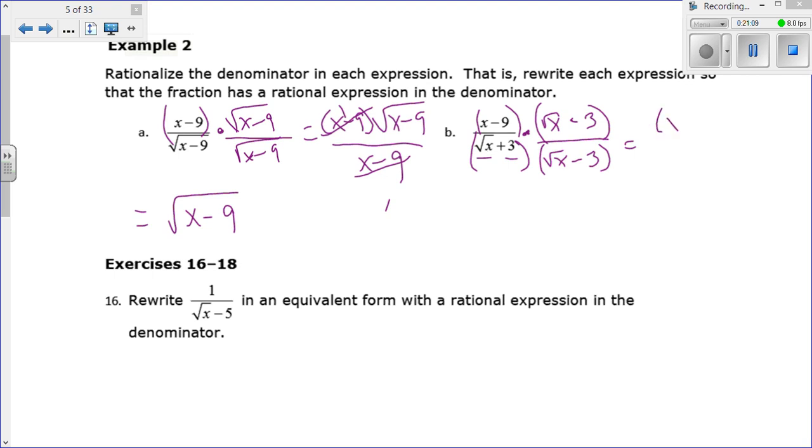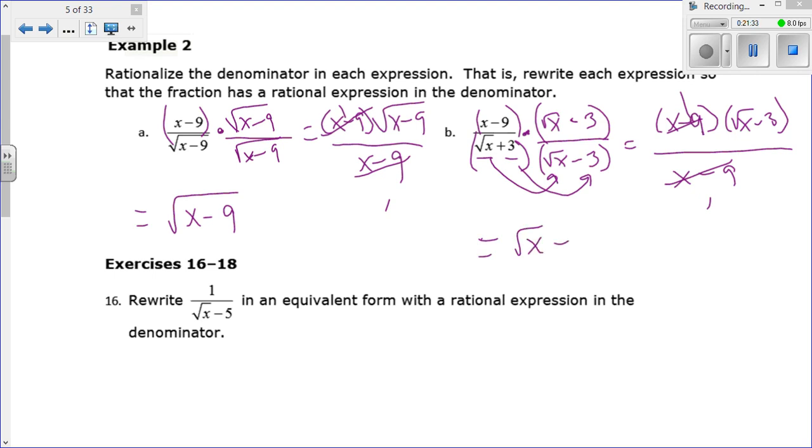We get an x minus 9 and a radical x minus 3 over a radical x times a radical x is x. I know my middle terms are going to cancel out, so positive 3 times a negative 3 is minus 9. So my x minus 9's go, and I'm left with radical x minus 3.